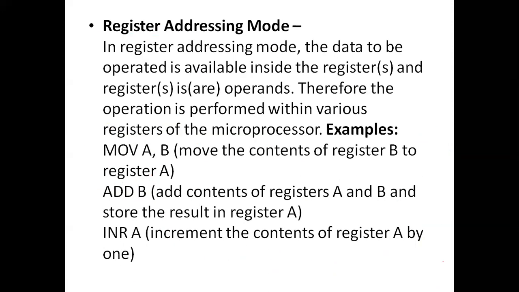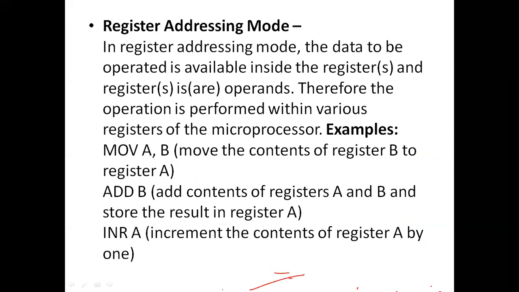And the next addressing mode is register addressing mode. Immediate addressing mode means directly we are specifying the data or address or registers over here. Register addressing mode means we are going to specify only registers. So in the register addressing mode, the data to be operated on is available inside the register, but not in a memory location.